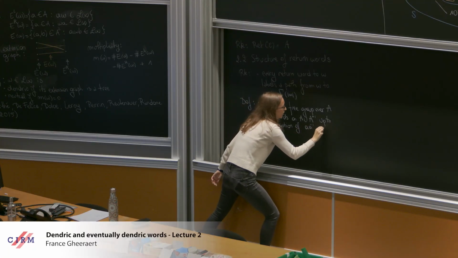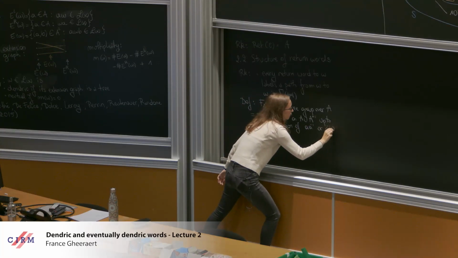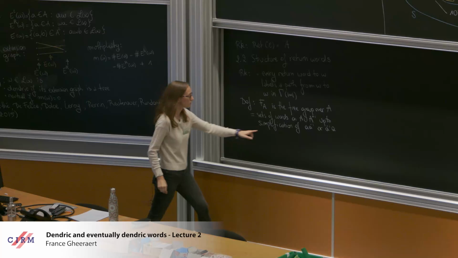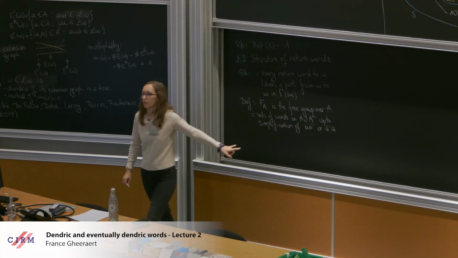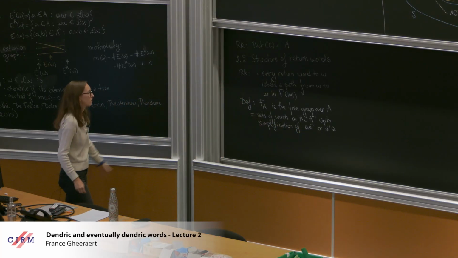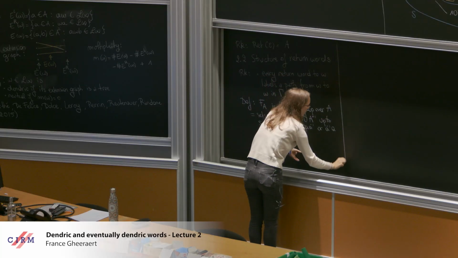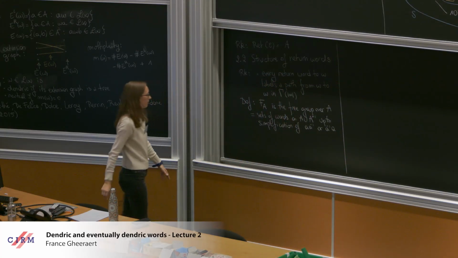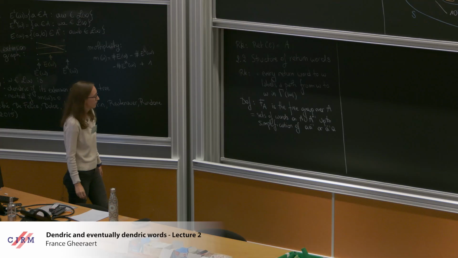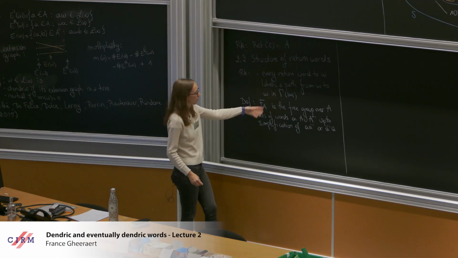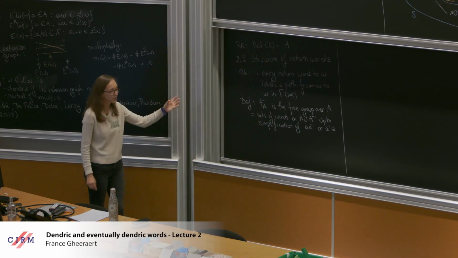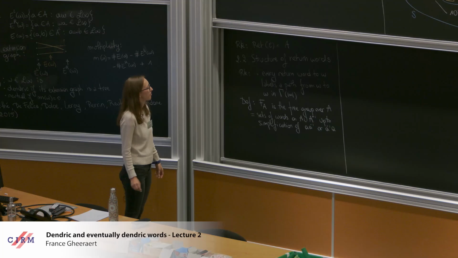If in your word two consecutive letters are inverse of one another, then you can just erase those. So this defines a group. It's the free group on the alphabet.